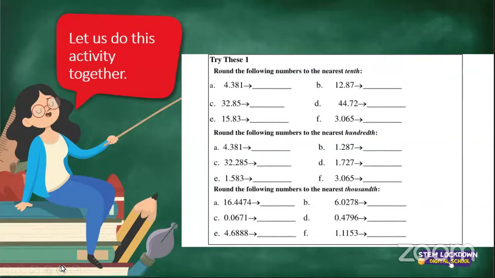Now we round each number to the nearest 1,000. We have 15,446.9. Round each number to the nearest thousand.